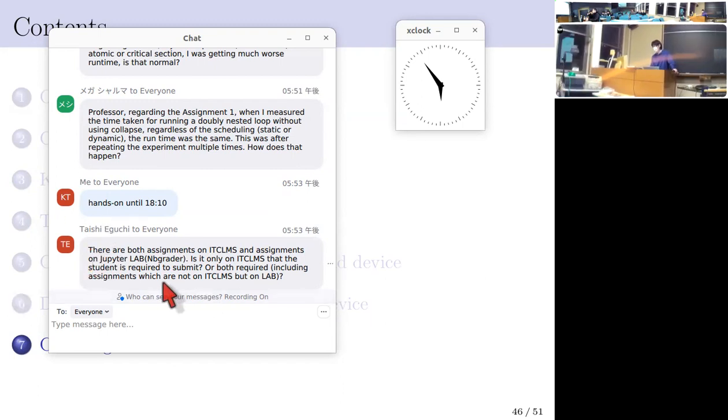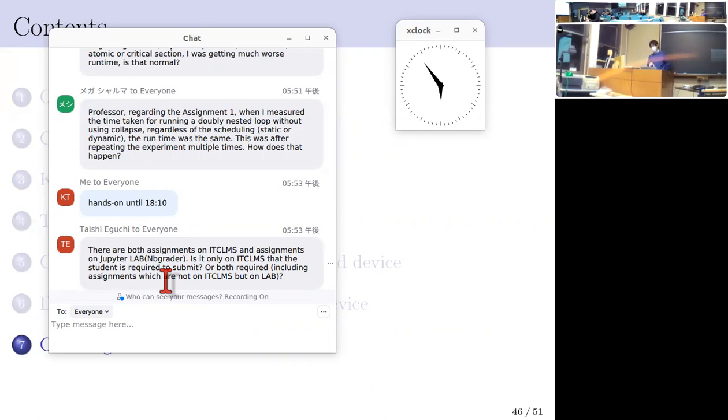So I got a new question about how you're supposed to submit your assignment. You're supposed to submit the assignment both on Jupyter and ITCLMS. It is actually clearly written in the ITCLMS instruction.